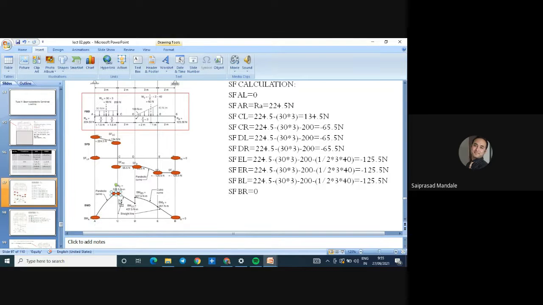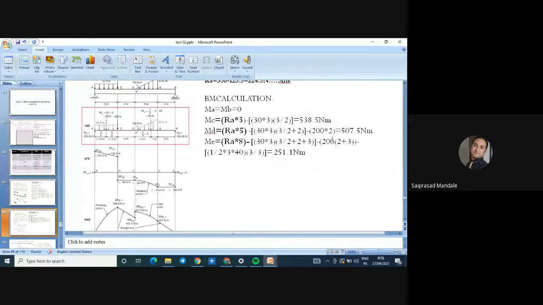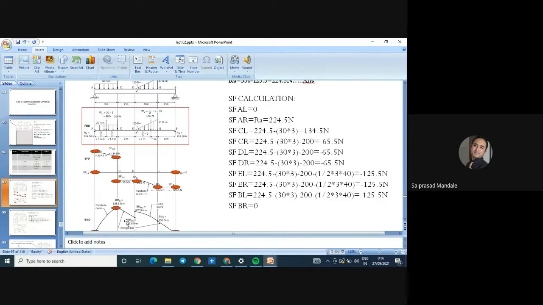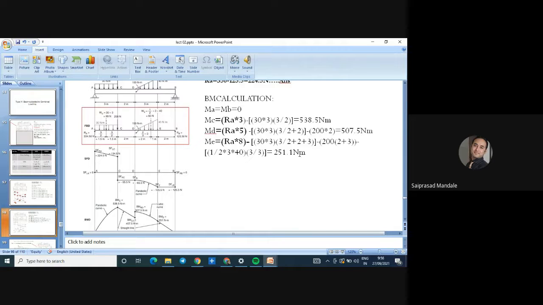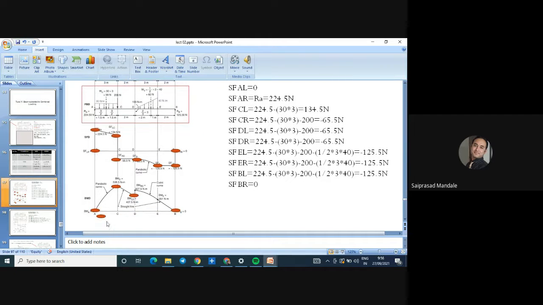Higher. Then next is 507.5, so below 538. So here. And the third point, moment at E is 251. So below this point, 250.